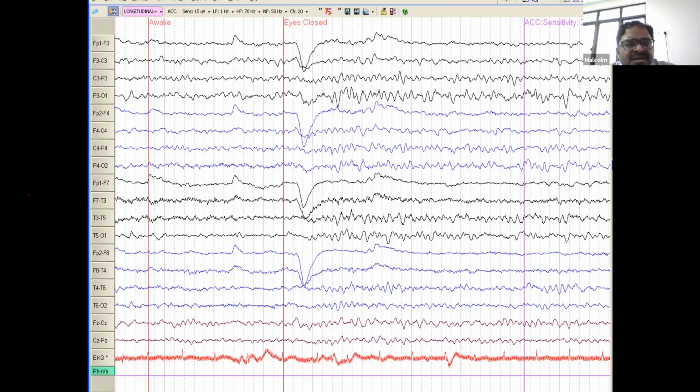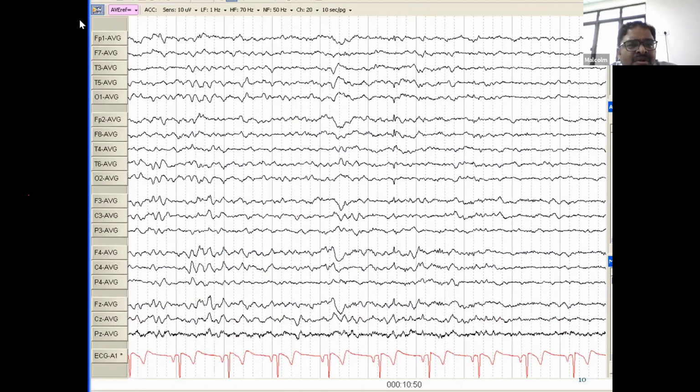This is the next slide, which is an average montage, and as you see, a very small spike and an aftercoming slow wave. But the most important point is that this does not disturb the background. The background is going on as such, and just a small spike, which is low in amplitude and very short in duration, is seen just jutting out in the right frontotemporal regions.